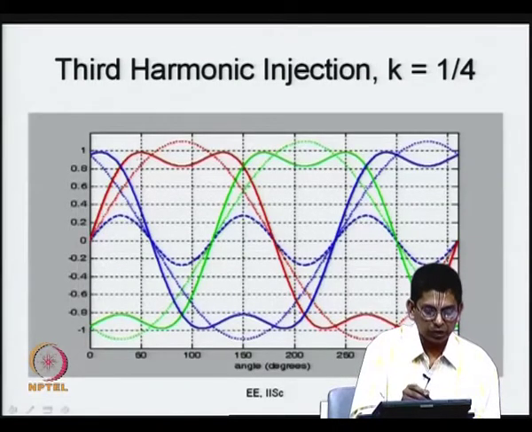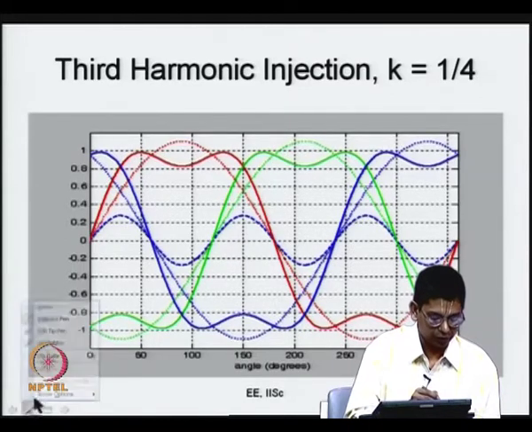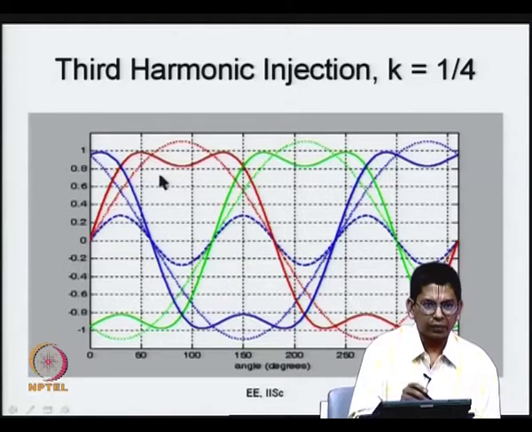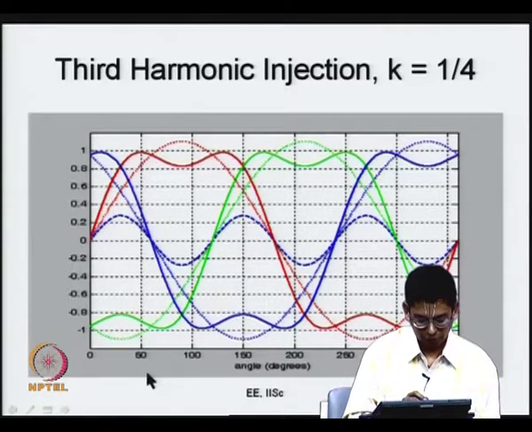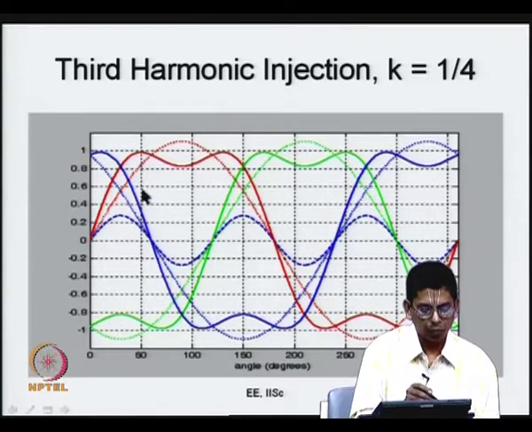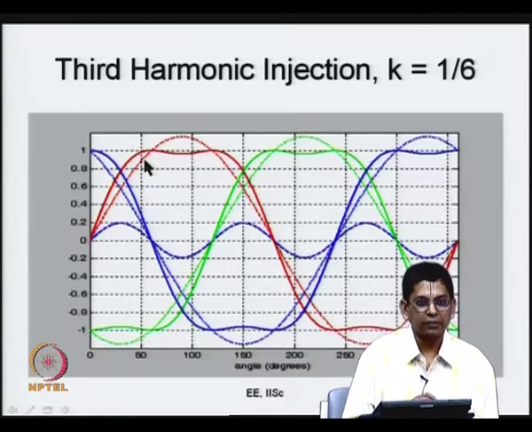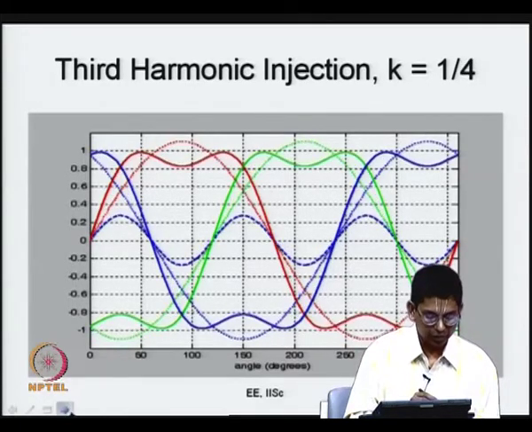In this waveform you can see that the peak occurs here and here, it is symmetric, okay. But the angle at which it occurs looks to be somewhere around 50 degrees now, whereas in the previous case it looks to be around 60 degrees. So, where the peak occurs is different now.